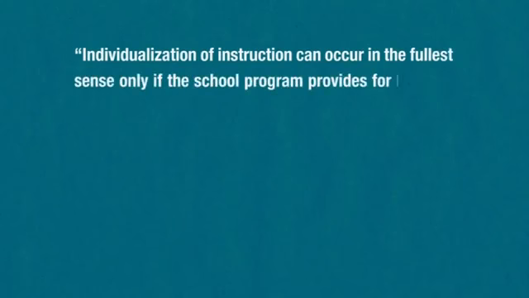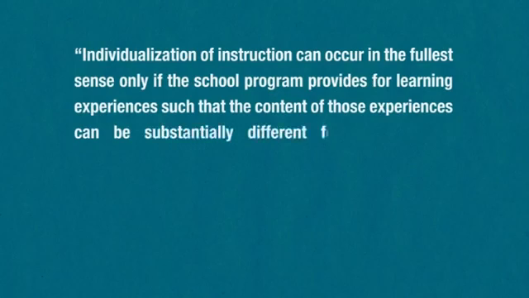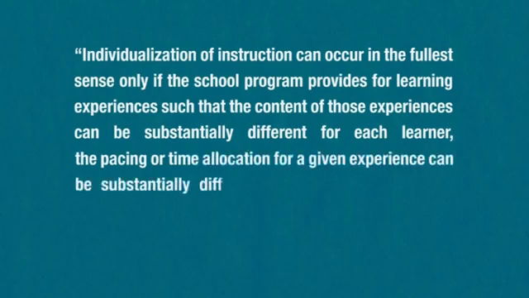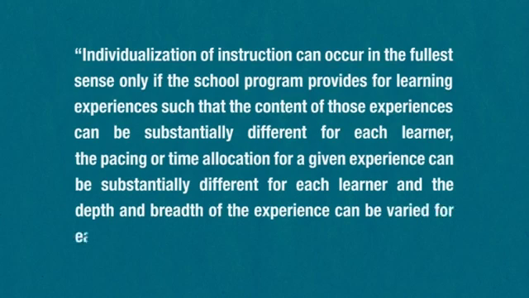Individualization of instruction can occur in the fullest sense only if the school program provides for learning experiences such that the content of those experiences can be substantially different for each learner. The pacing or time allocation for a given experience can be substantially different for each learner, and the depth and breadth of the experience can be varied for each learner.